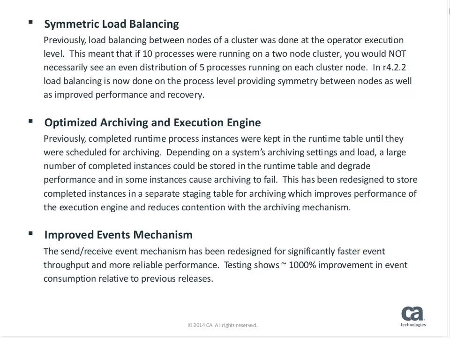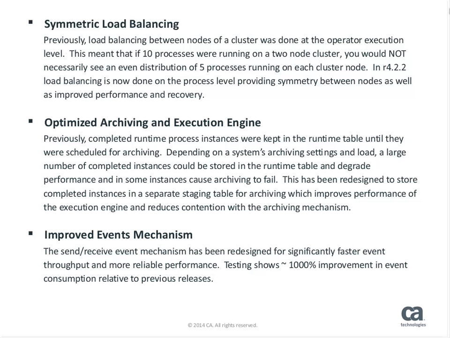And long story short, what that meant was, let's say you had a 2-node clustered orchestrator and you had 10 processes running, there was no guarantee. In reality, in most cases, you would not see an even distribution of processes across each node. So you wouldn't see 5 processes running on one node and a separate 5 processes running on the other node.